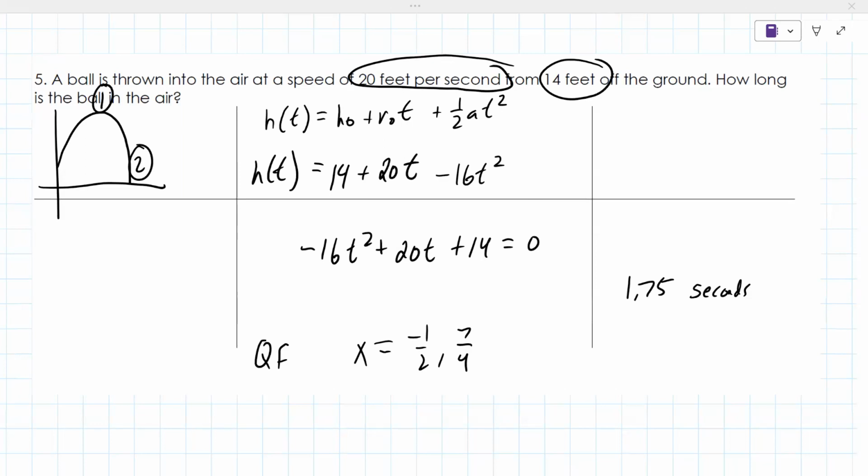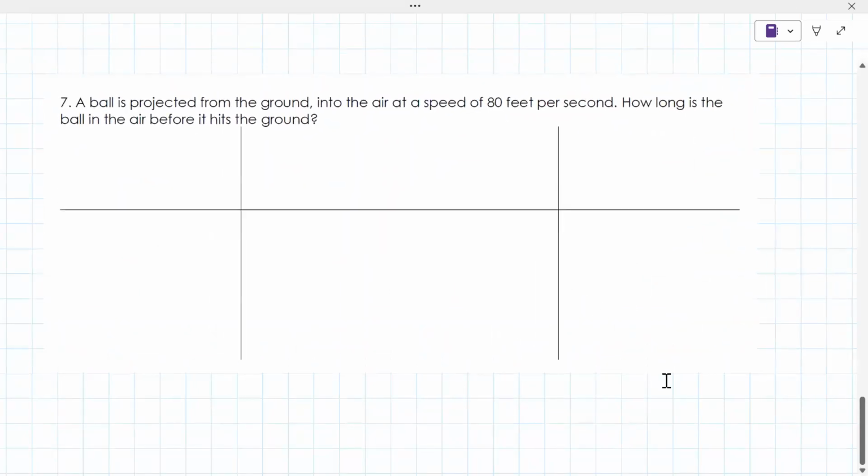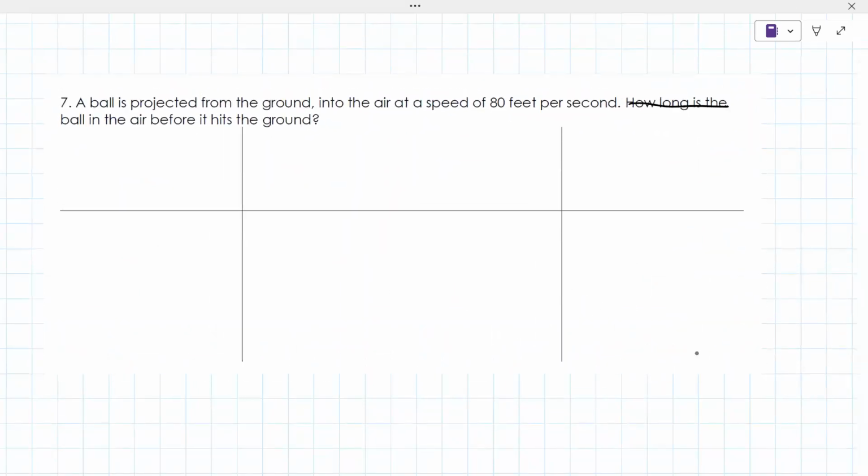Yeah, we could do something with the vertex. All right, so the question would be rewritten this way: what is the max height of the ball? So again, it's projected from the ground, goes up, comes down.